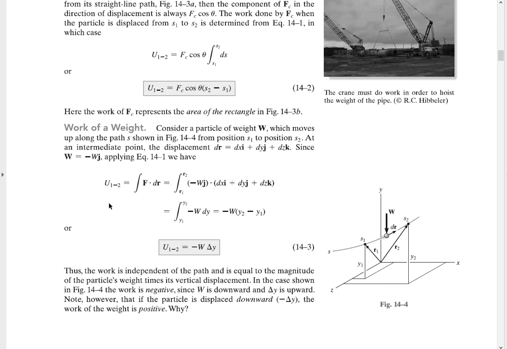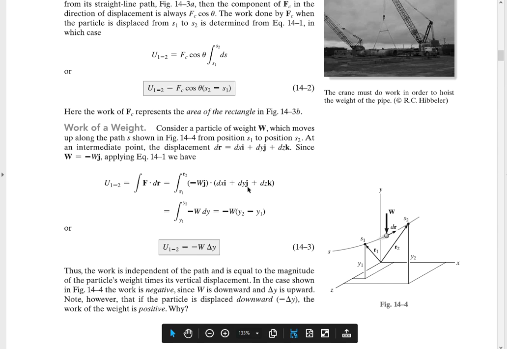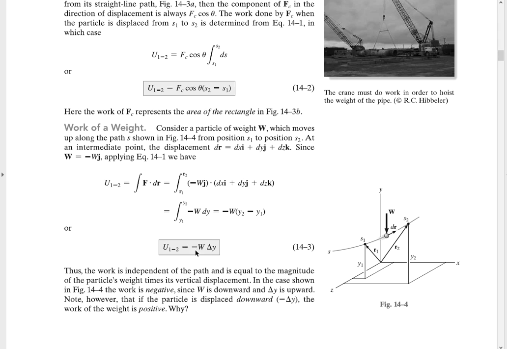So if we take the definition of work and make explicit the dot product by using the components of the displacement dx i, dy j, dz k, where i, j, and k are the unit vectors associated with the positive directions of the x, y, and z axes, then we get the work of gravity, or work of weight, as being negative weight of the particle times the change in height, dy.